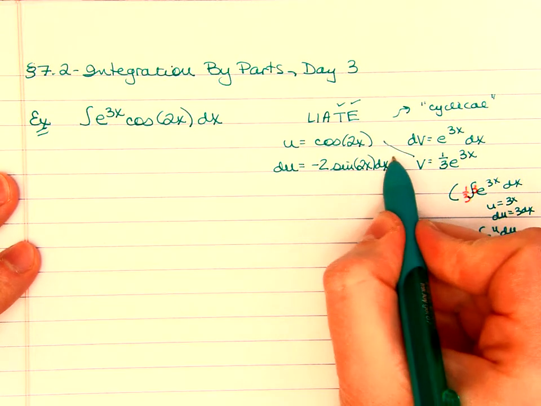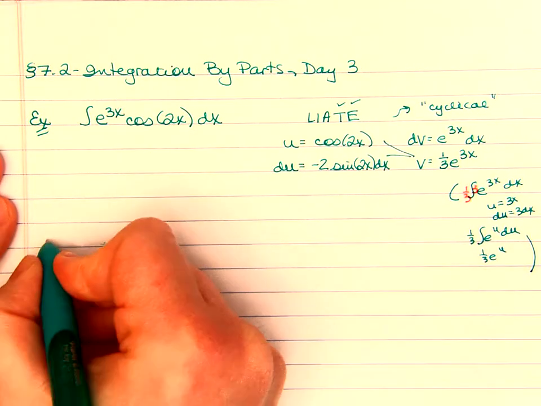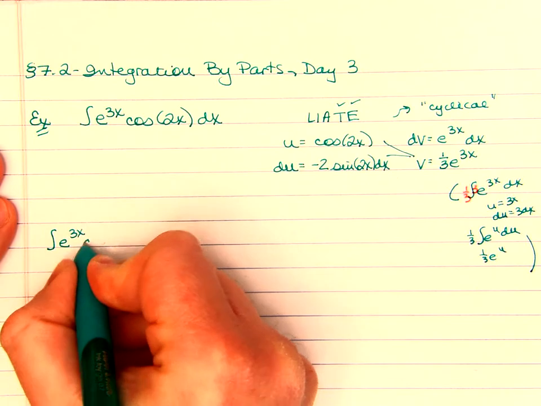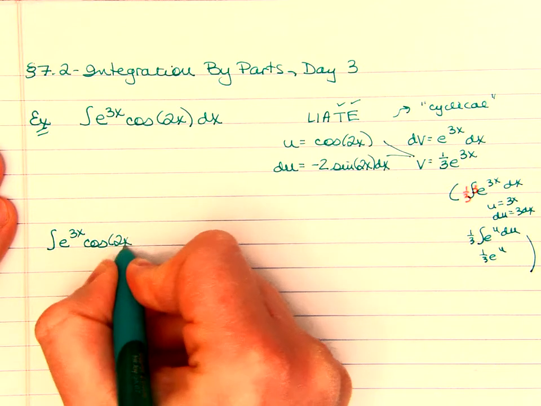U times v minus the integral of v du is going to give me, remember with these cyclical ones, we do need to rewrite the original problem to get ready for our algebra step.